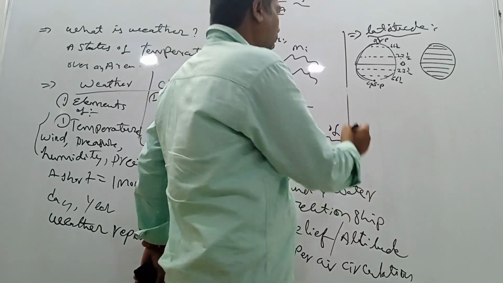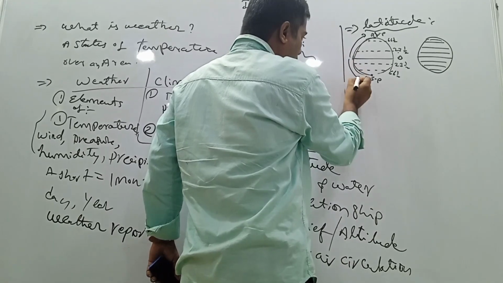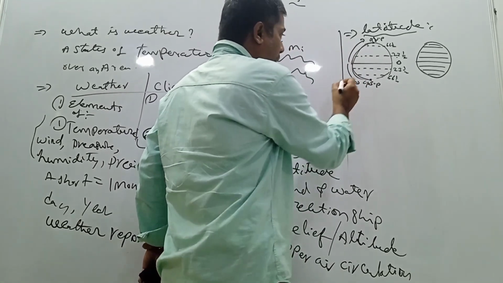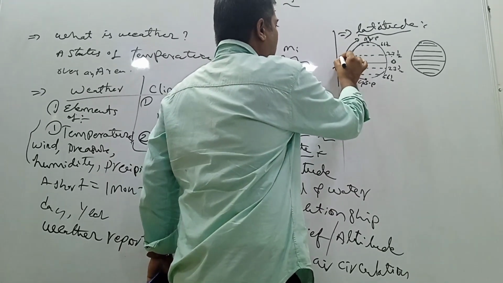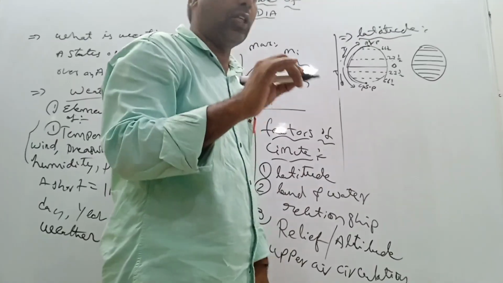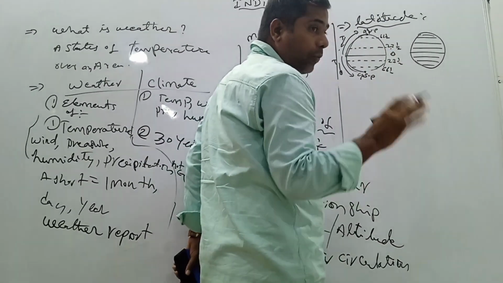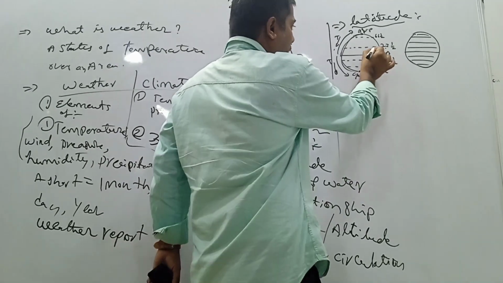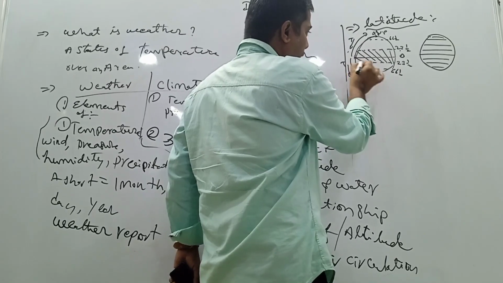I will discuss. From 0 degree, if you go to the North Pole or the South Pole, the temperature gradually decreases. Do you know why the temperature gradually decreases? Sun rays fall vertically on the Earth's surface only between 23.5 degree Tropic of Capricorn and Tropic of Cancer.